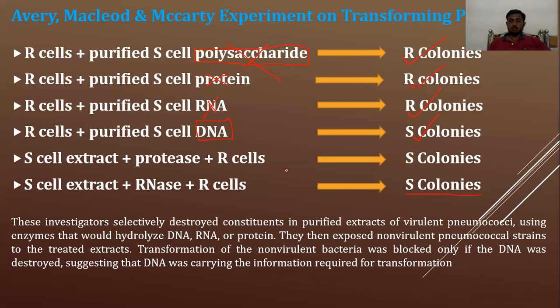So again, this evidence is supplementary with the experiment carried out by Griffith and the primary experiment of Avery, MacLeod and McCarty, and proves that DNA is the molecule that is transforming the R type non-virulent pneumococcal strain to the S type virulent strain. That means DNA is the only molecule that is transforming a non-virulent strain to the virulent strain, and hence they prove the experiment performed by Griffith is true in all aspects.